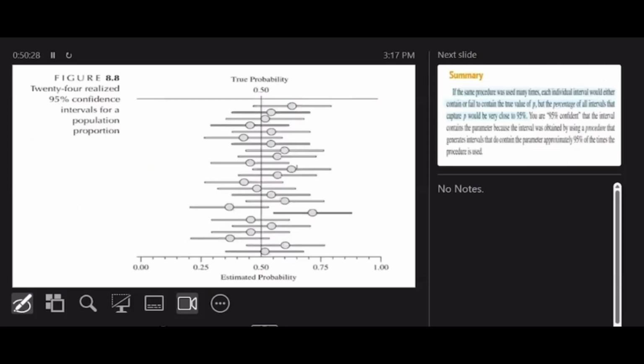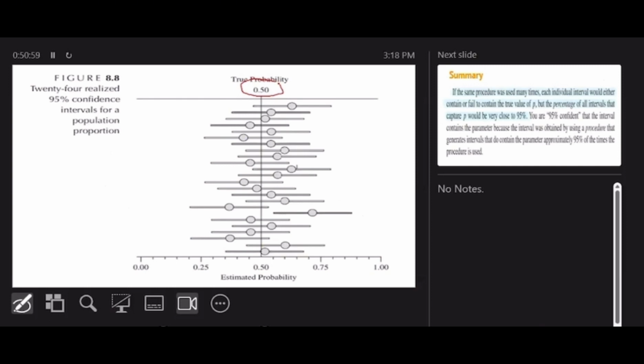Now, if you take a look at what I'm trying to show here, if we assume a true value to be 0.5, 95% confidence means out of 100 intervals, the true value will only lie within just 95 intervals. It's not going to lie in all of them.